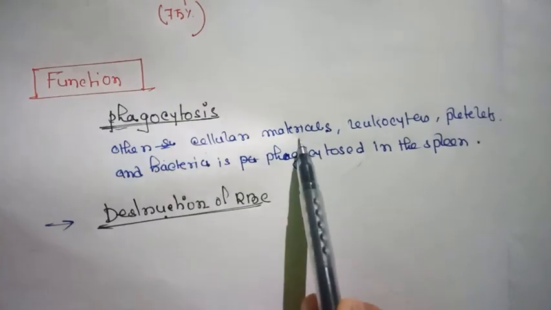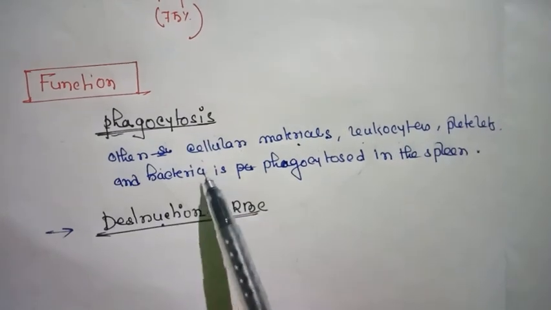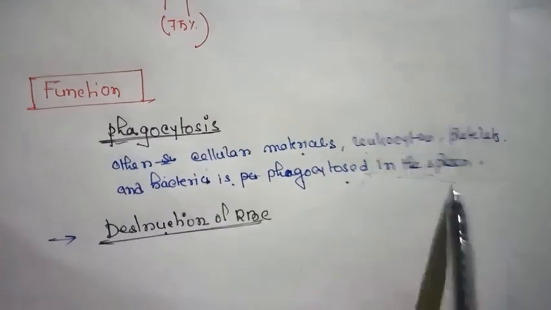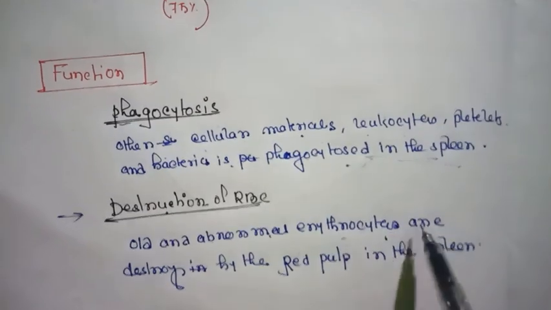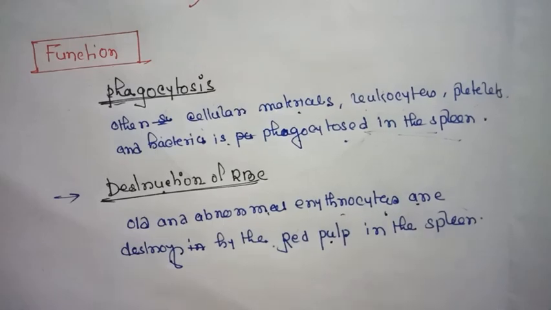Other cellular materials like leukocytes, platelets and bacteria are phagocytosed in the spleen.